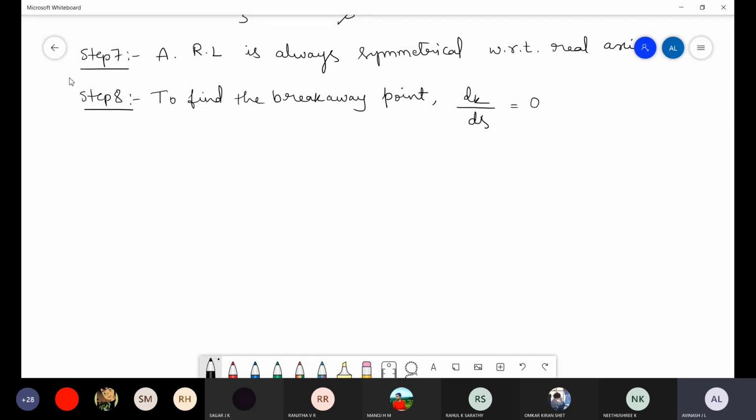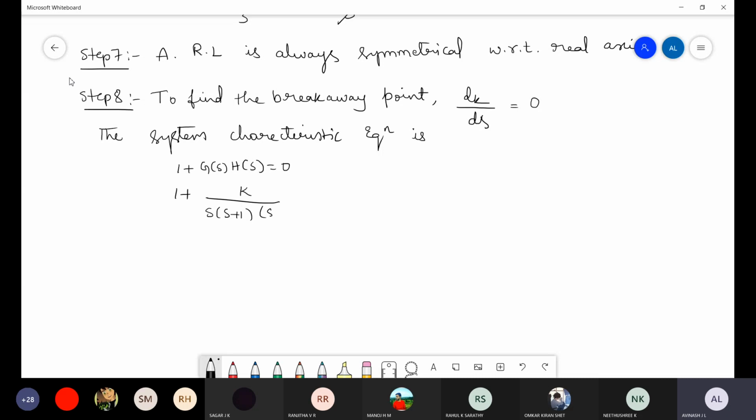So k equal to what? We have to go for the system characteristic equation. The system characteristic equation is 1 plus G(s) H(s) equal to 0. Here 1 plus G(s) H(s) is equal to K divided by s into s plus 1 into s plus 2, equal to 0.